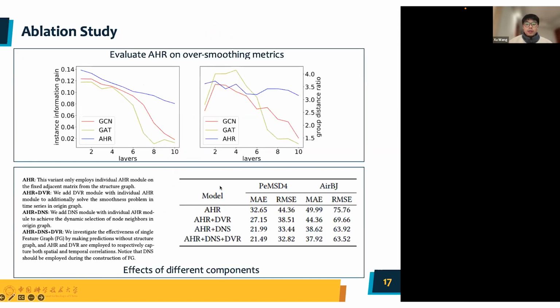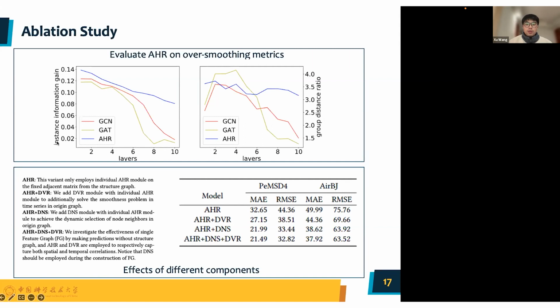We also evaluate the effect of proposed AHR module on over-smoothing. 2 metrics are used. A group distance ratio mirrors the ratio of intergroup distance over intragroup distance in Euclidean space, and a small group distance ratio leads to the over-smoothing issue, where all groups are mixed together.